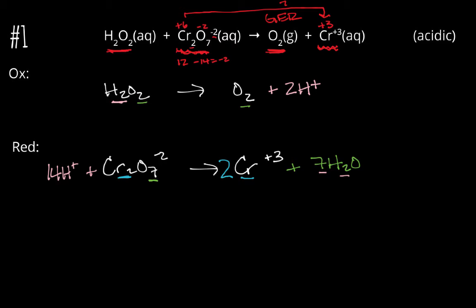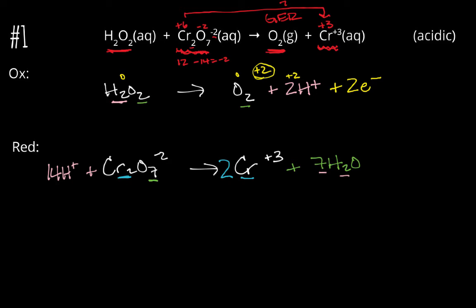Now I'm going to do electrons. On the top, I have 0 overall charge on the left, 0 and +2 on the right. So the only way I can balance that is to add 2 electrons.